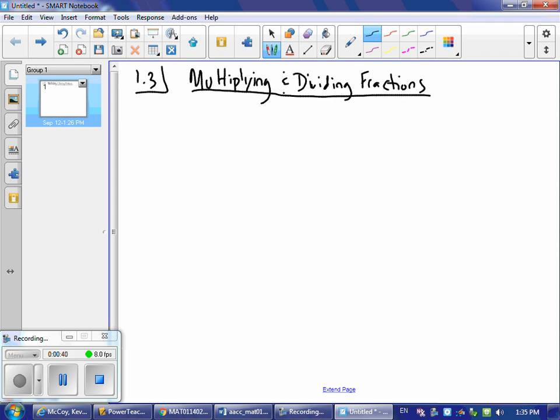Okay, so the standard definition for multiplying is that if I have a over b as a fraction, and I want to multiply that by another fraction, c over d, the rule is we multiply the numerators together, and we multiply the denominators together.